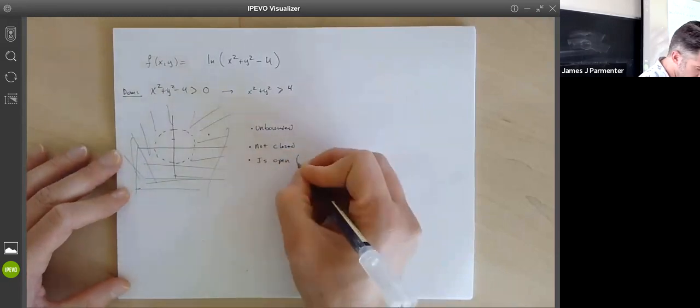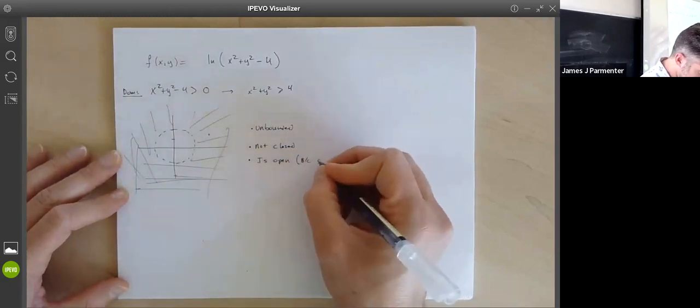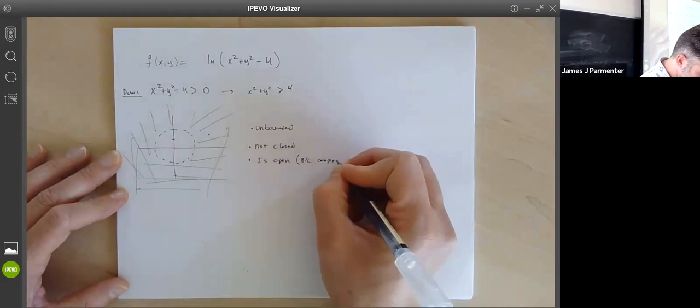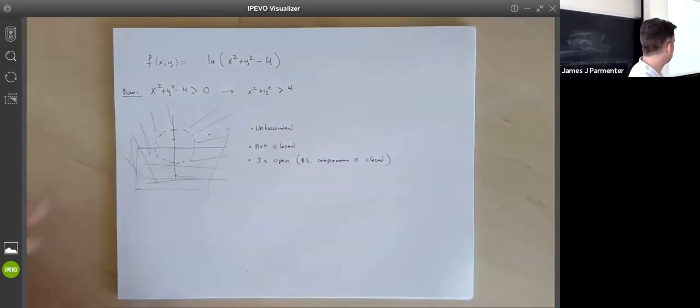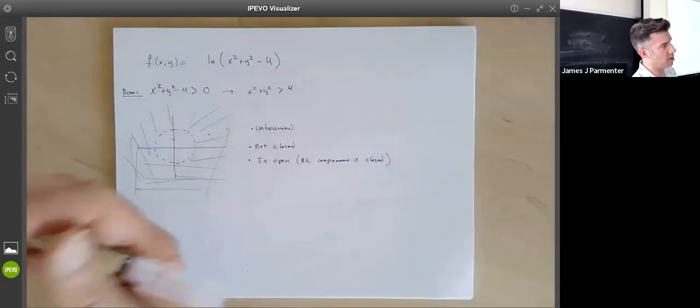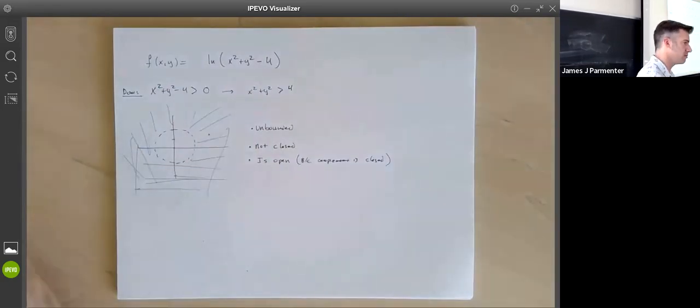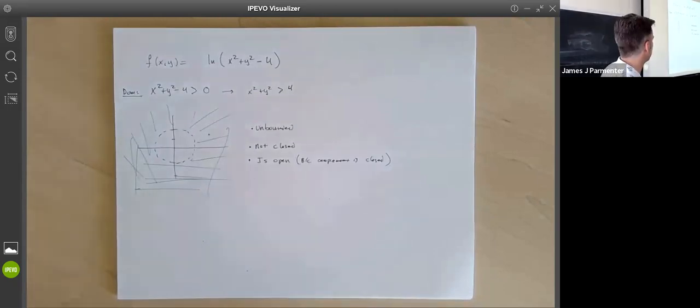You can say it is open because the complement is closed, or because you can pick any point in there and a small circle around it is still included in it. Most of the time when it comes to open and closed, open sets don't include their boundaries. Closed sets do include their boundaries. That's kind of it.